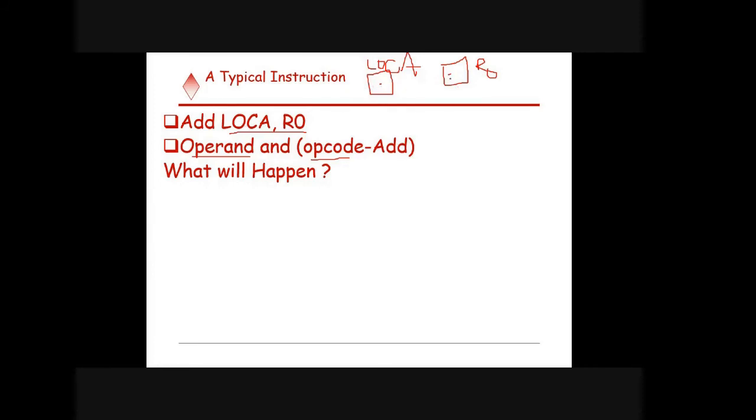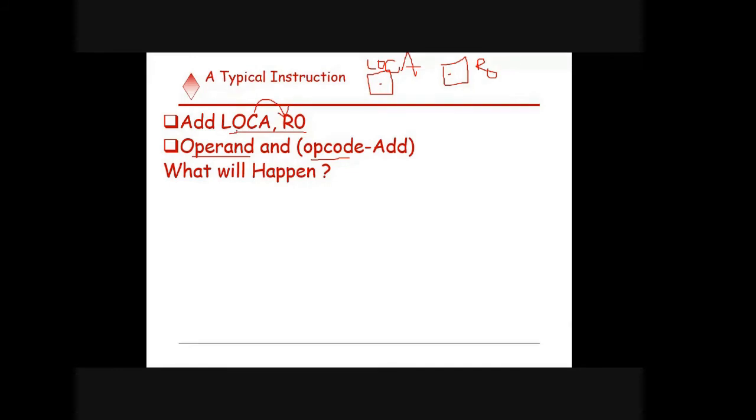But where will I store the resultant value, in location A or R0? The instruction says you add location A content and R0, and the result you should store in R0. This is what this corresponding instruction is doing. So location A content will be added with R0 and the result will be stored into R0.